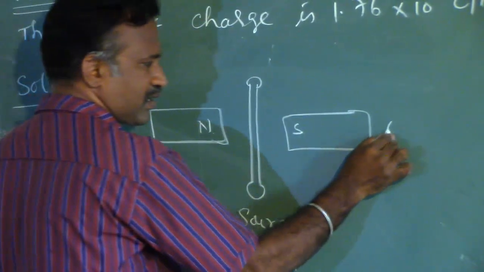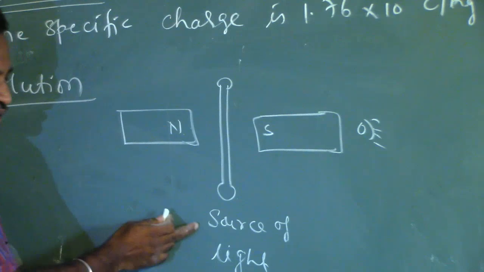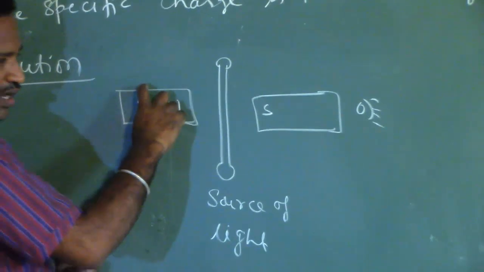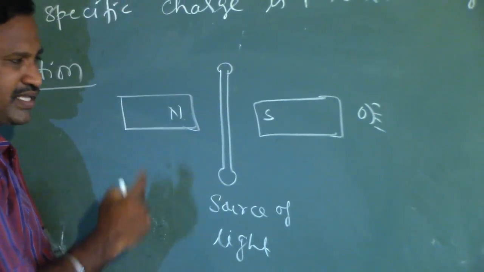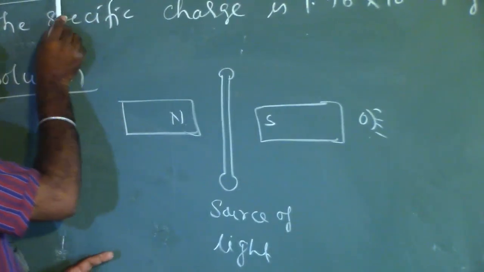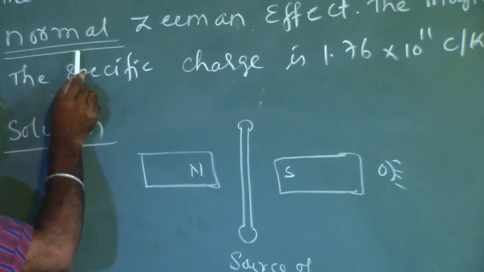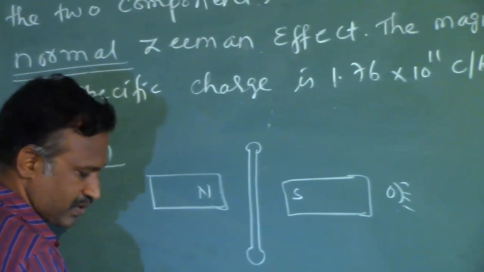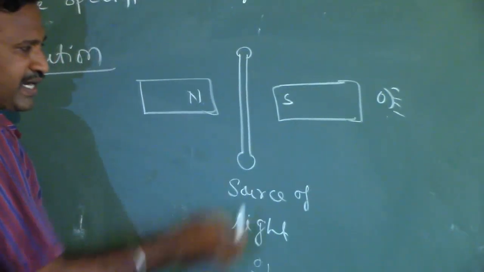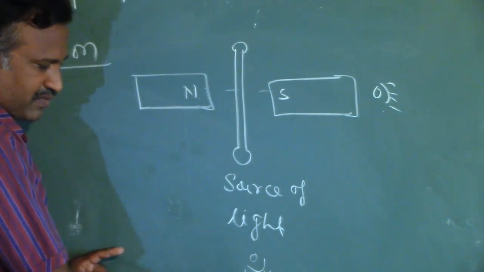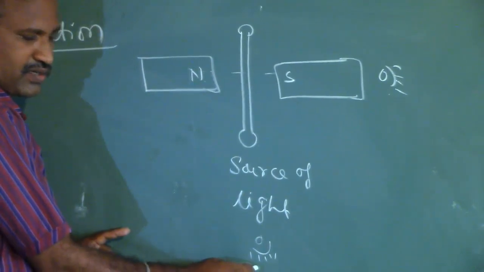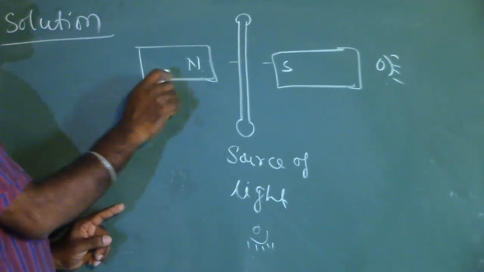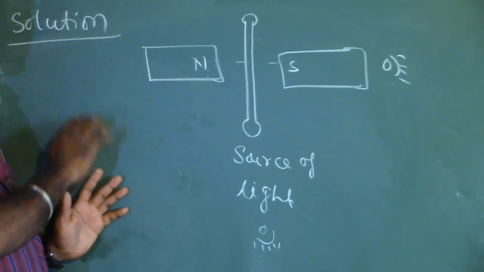If you observe the spectral lines which are emitted by this source of light along the direction of the magnetic field, then this type of Zeeman effect that you are observing will be known as a normal Zeeman effect. Now, if you observe the same spectral line in a direction perpendicular to the direction of the magnetic field, then that will be known as the transverse Zeeman effect.